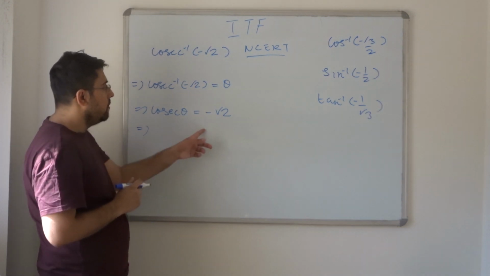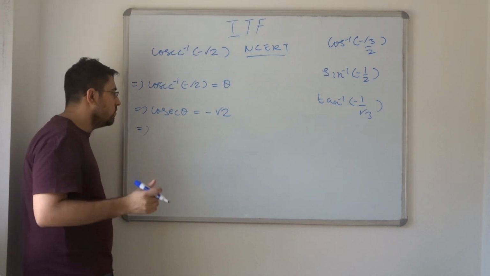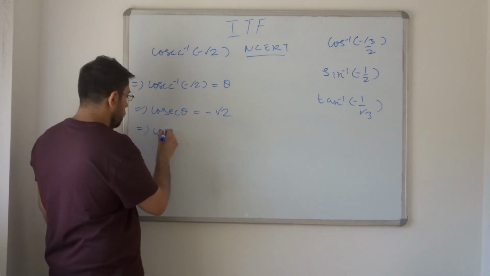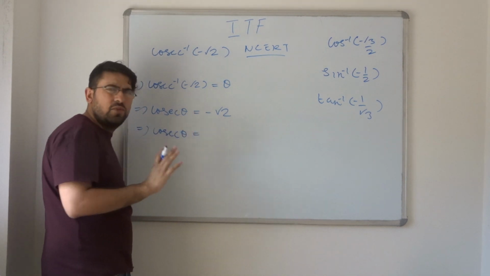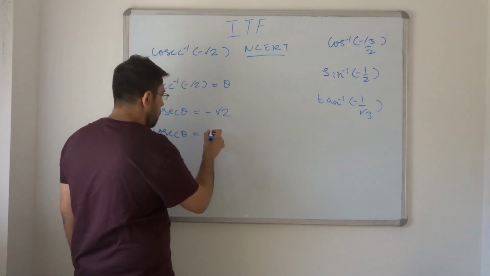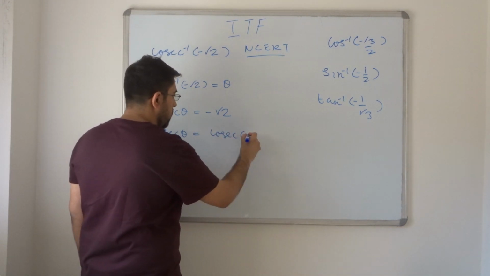So guys, now remember, what is sine 30? That's what you have to do. So here you have this. You don't have to worry about the negative here. Cosec.